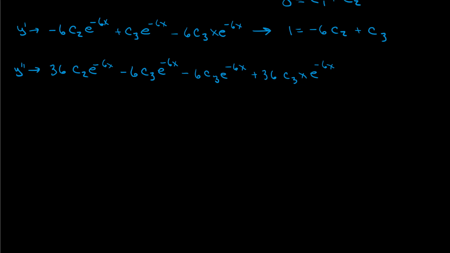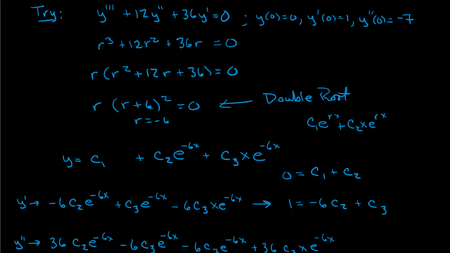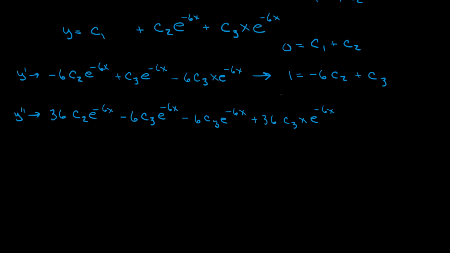All right, so what are we going to do from here? Well, we're going to come back up and check our information about the second derivative, which is in the upper rightmost corner. X value is 0, y value is negative 7. So we have negative 7 equals. Now, when I plug in 0 into this first term, I'm going to wind up with 36 C2.